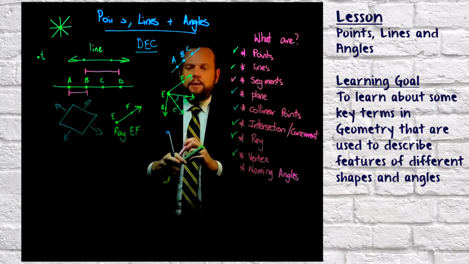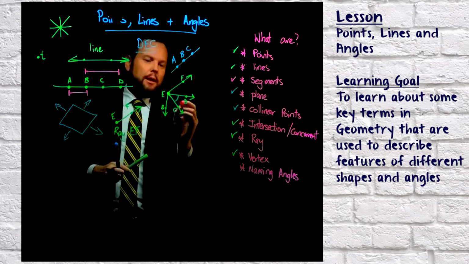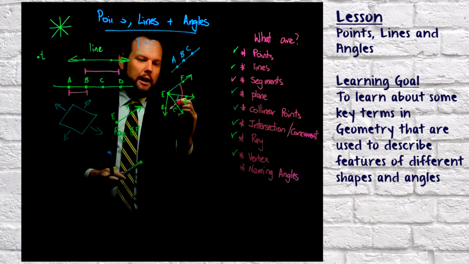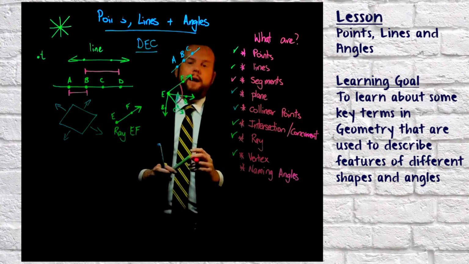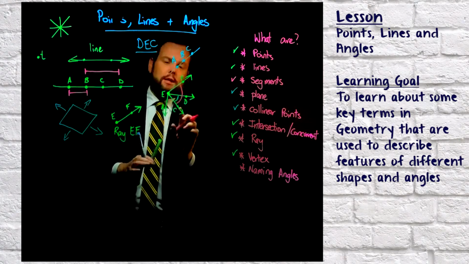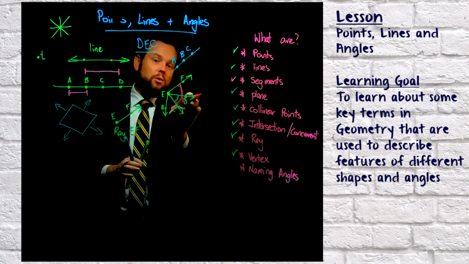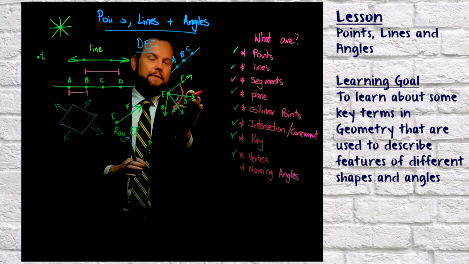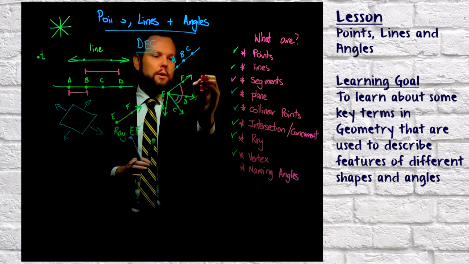Now, if I was to say to you, what angle is this angle here? Okay, what angle is that angle there? You would need to look at this and you would need to go, okay, where does the angle start? What line does it start on? And it starts on line F. Okay, so you would name it like this.